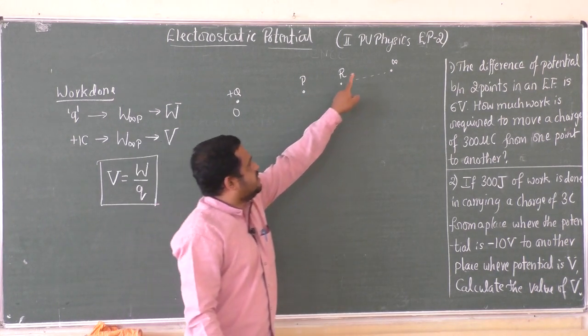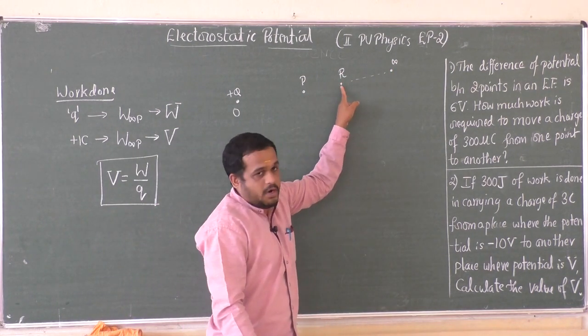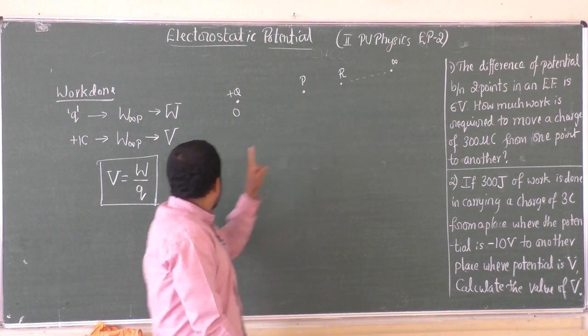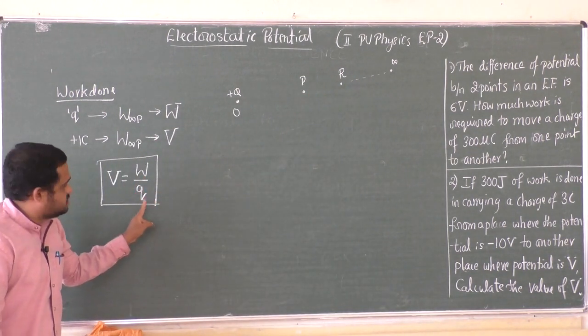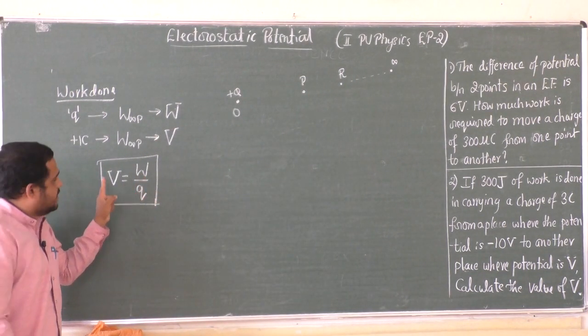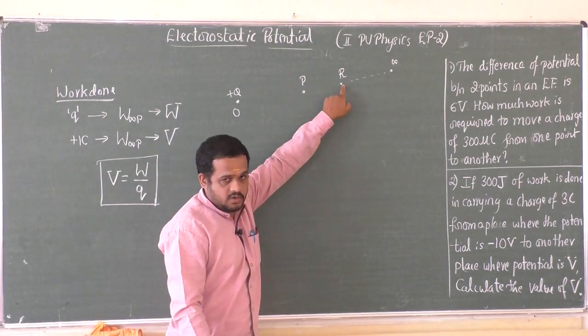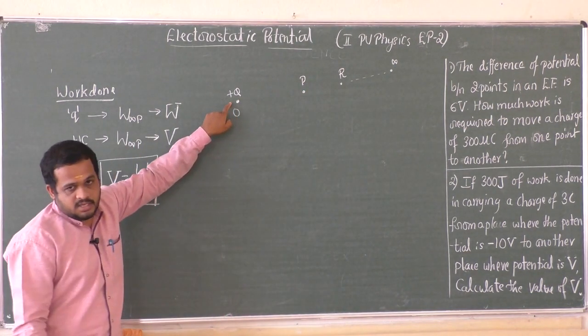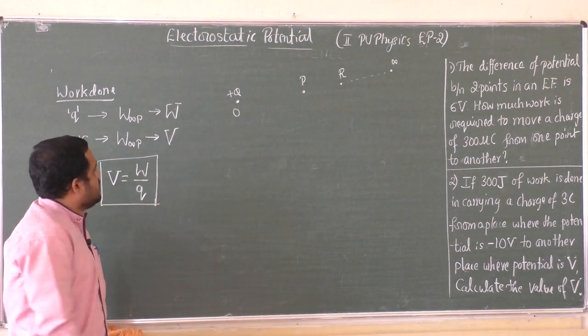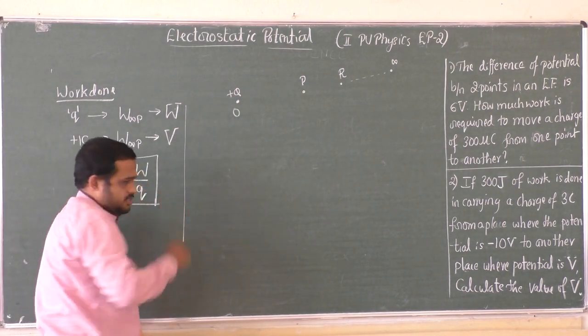If you consider the work done in shifting the charge from infinity to point R, then if you divide that work done by the magnitude of charge, this quantity represents the electrostatic potential at that particular point due to the source charge plus Q. Okay, next let us consider one more condition.